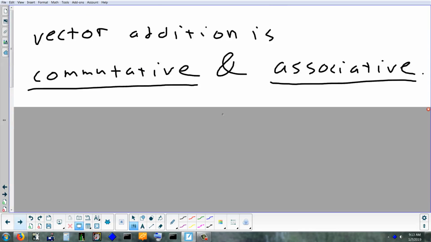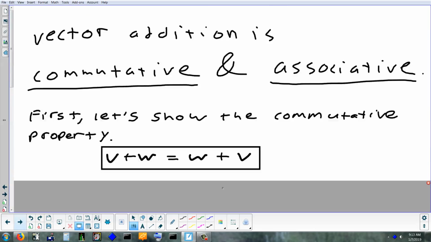All right, so we already mentioned this earlier, but I'll do it again real quick. Vector addition is commutative and associative. Commutative means you can do something like this. I'm not going to do it with four vectors because that takes a while, but I'll do it with two. If you do V plus W and then W plus V, you get exactly the same thing.